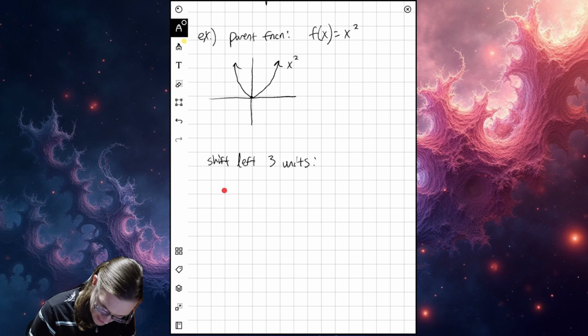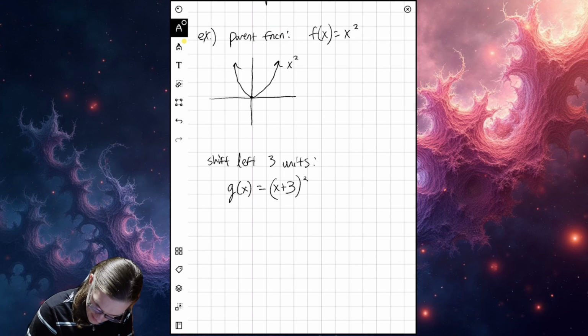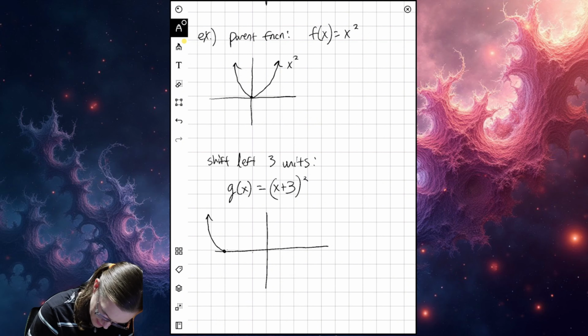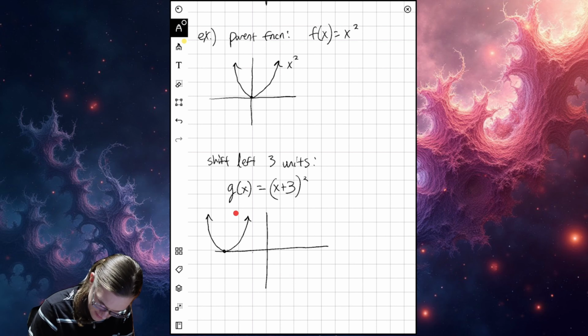Well, that will look like this. g of x equals (x plus 3) all squared. And so what's that going to do to the graph? It's going to shift it to the left 1, 2, 3. And so this is our g of x. Okay? This is f of x, remember?